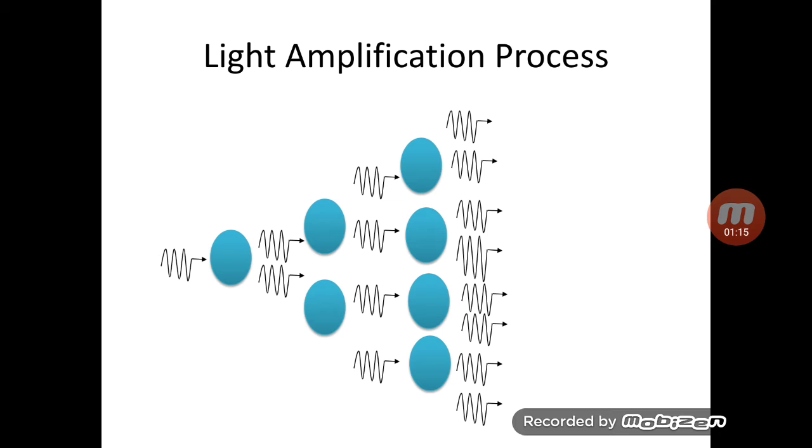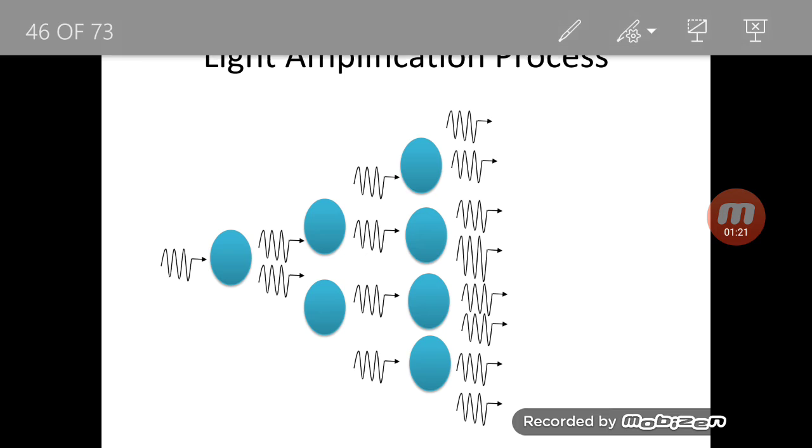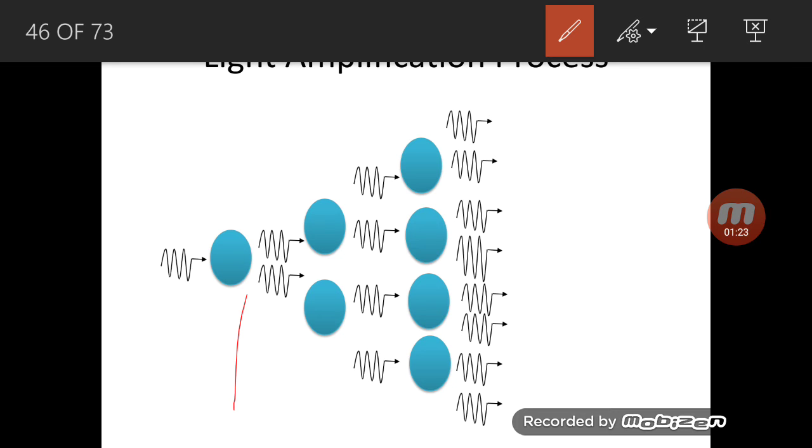Now here the same process is described. The picture on the screen will tell you the same thing. Suppose I have an atom in the excited state, and I have a photon of the right energy. If this photon interacts with this atom, it produces a stimulated emission, thereby giving two photons. One among them is the emitted photon and the other one is the incident photon.